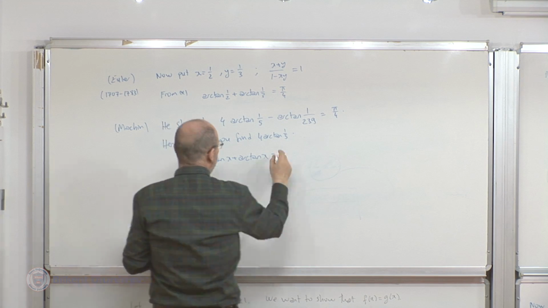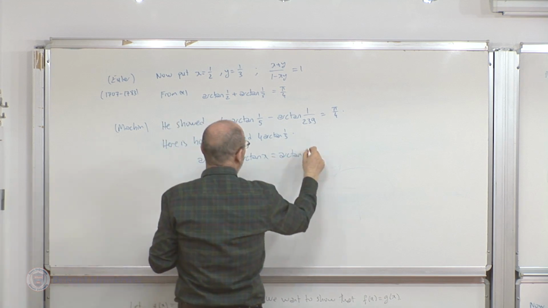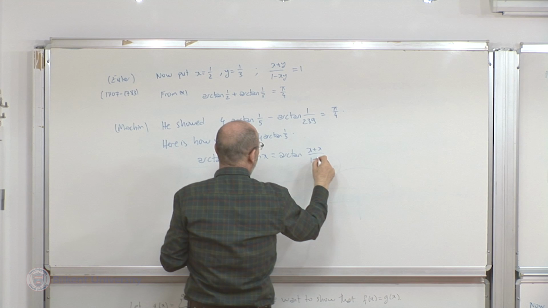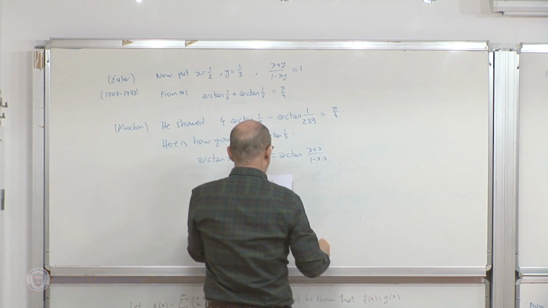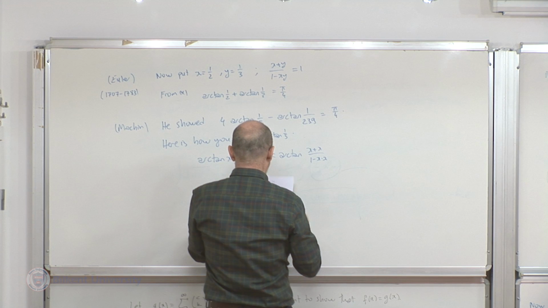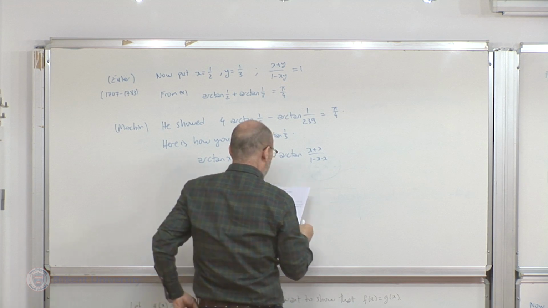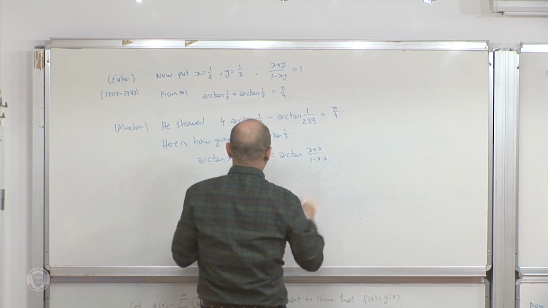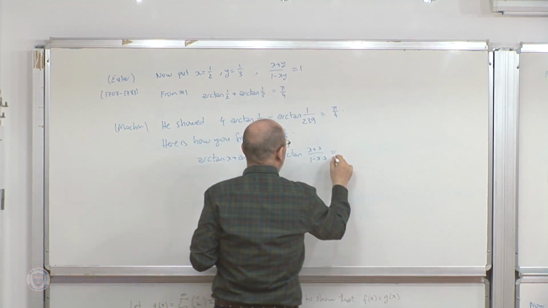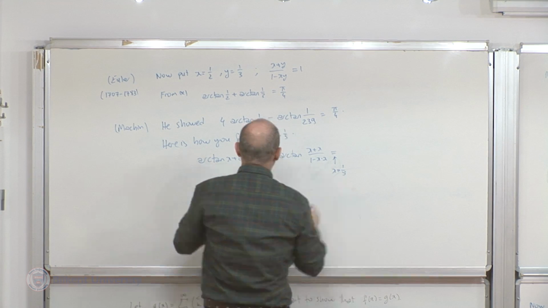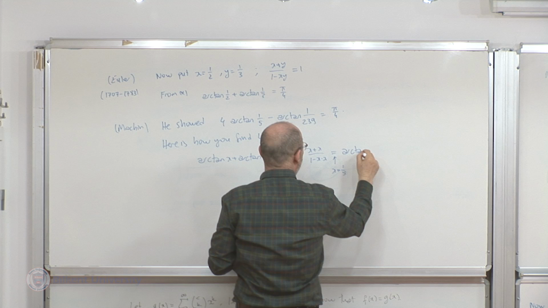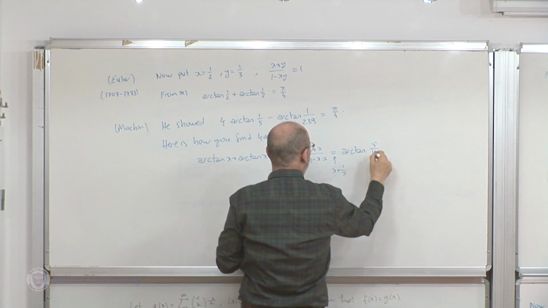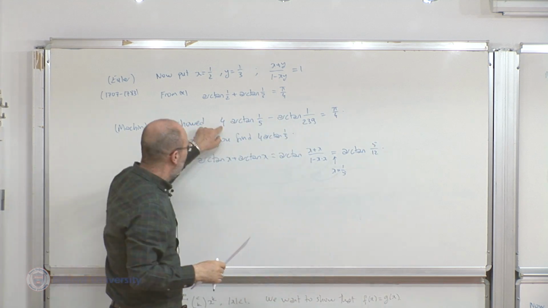Okay, so this is arctangent of x plus x over 1 minus x times x. So this becomes 2x over 1 minus x squared. Here, of course, x is equal to 1 over 5. We are trying to understand this. So this becomes arctangent 5 over 12. Okay, I want 4 of these things.